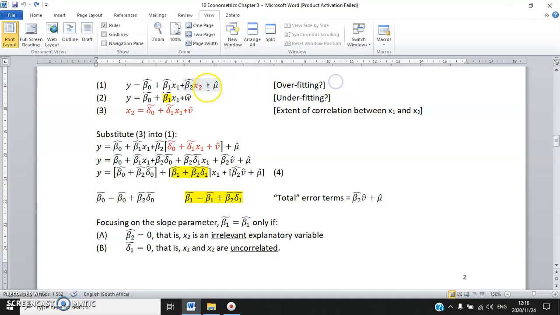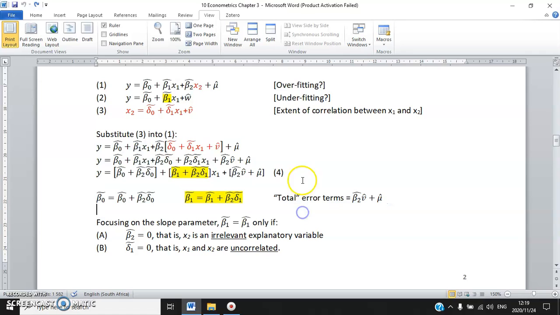It means I rather commit overfitting in the first regression. Okay, and then the second possibility for these two to be the same is this is 0. In other words, there is virtually no relationship between x1 and x2 at all. They are totally uncorrelated. So keep these explanation in mind and these calculations as well.